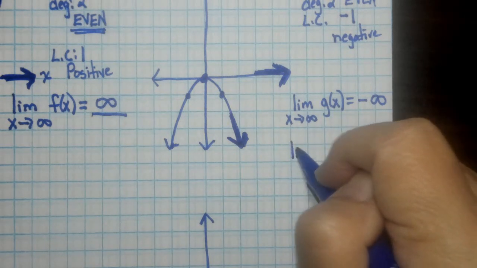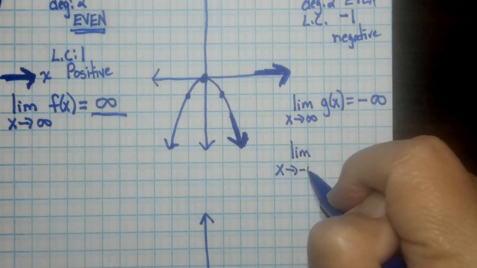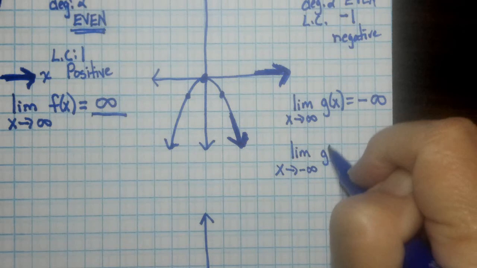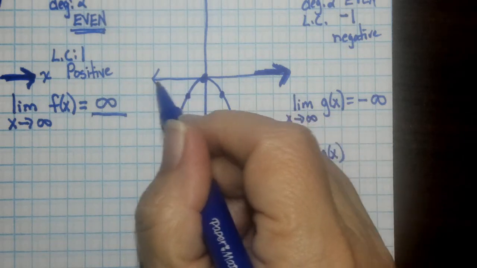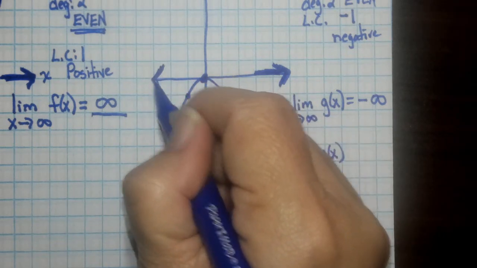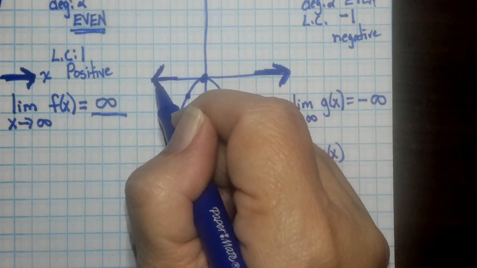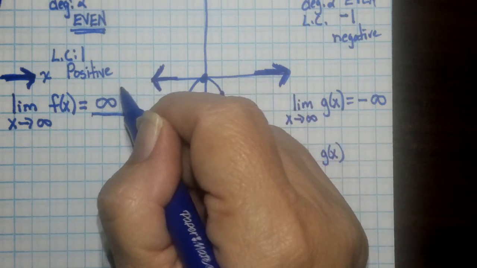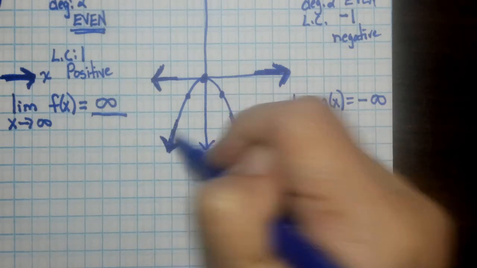Alright, then the limit as x approaches negative infinity of g of x. As my x values go over here, farther and farther to the left, smaller and smaller on x, what is happening to my output numbers?